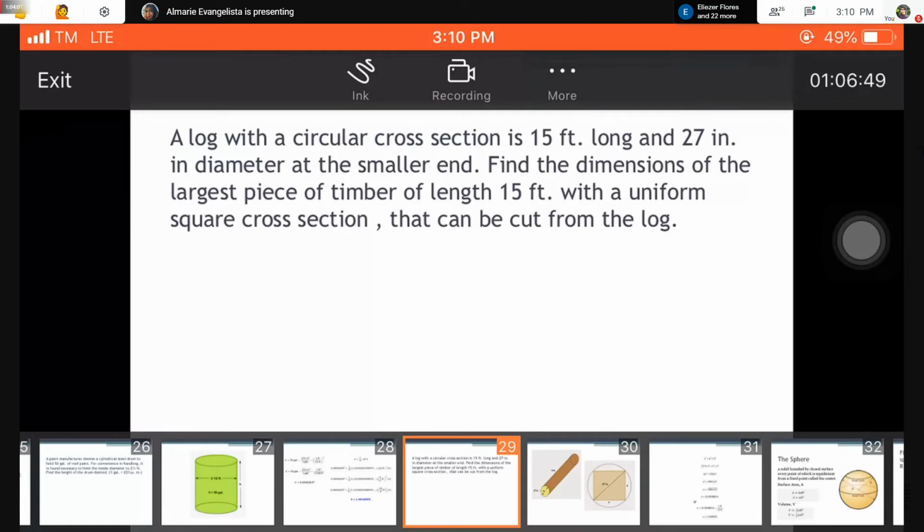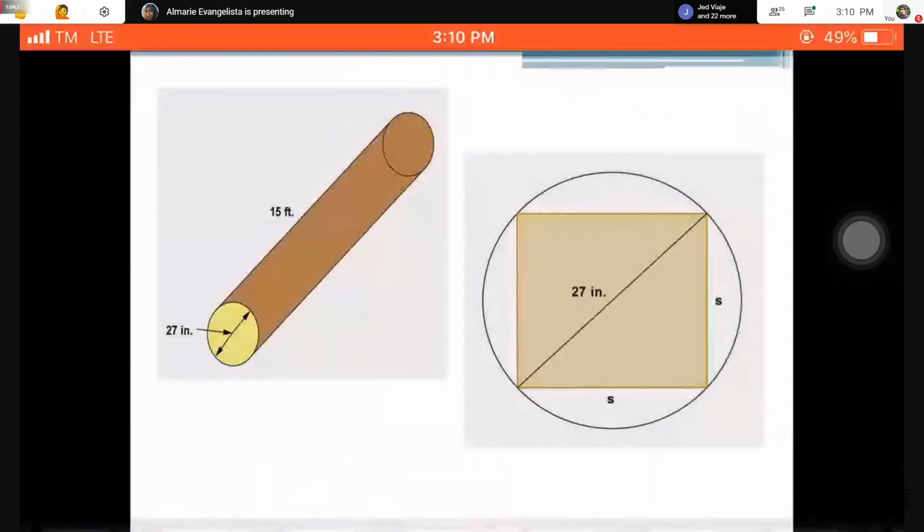Sige, bigyan ko ulit kayo ng time para mag-solve. Guys, pag may tanong kayo, huwag kayong mahihiya. Okay lang yan.